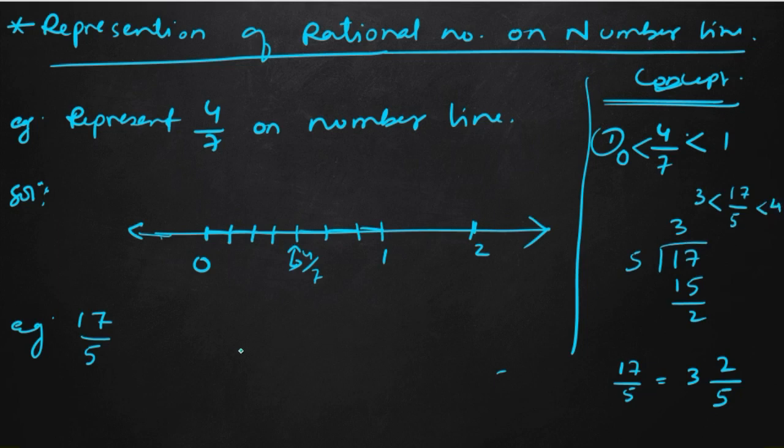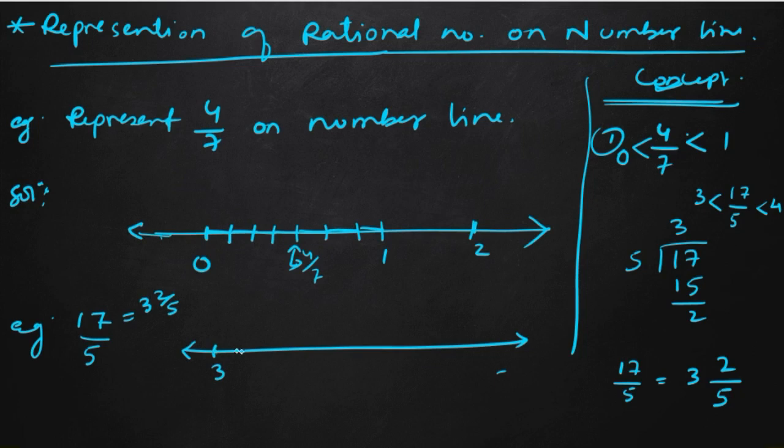So for this, we make a number line. So mark 3, and because 17 by 5 can be written as 3 2 by 5, this 3 is our whole part. Just you have to represent your 2 by 5. So 2 by 5, that means we will have to divide 3 and 4 into 5 equal parts.